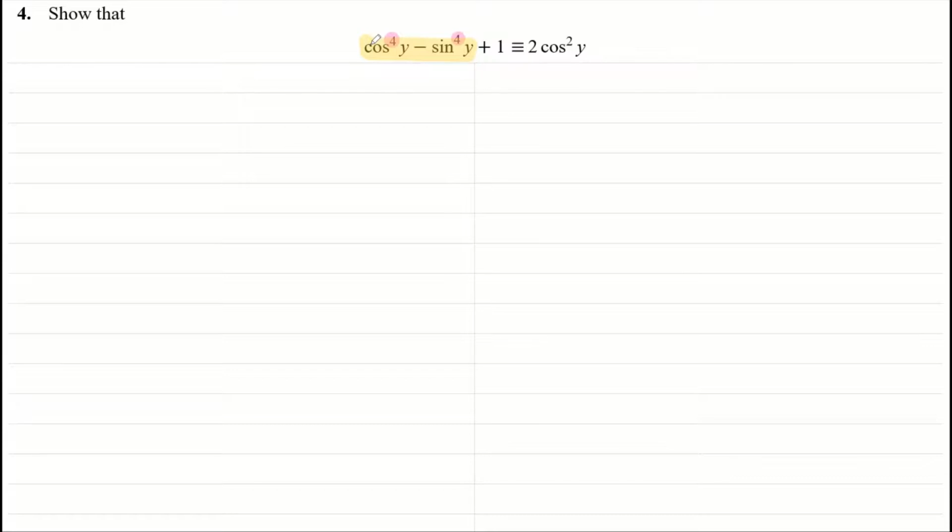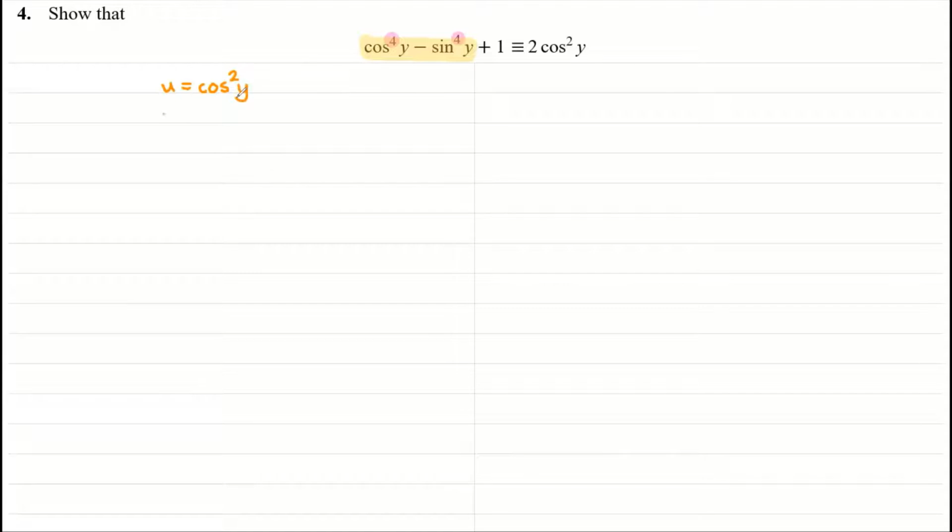And if you're not convinced by the complexity of that, I can do this with a simple substitution. Suppose we call u cos squared y. You don't have to do this, of course. This is just me explaining it.